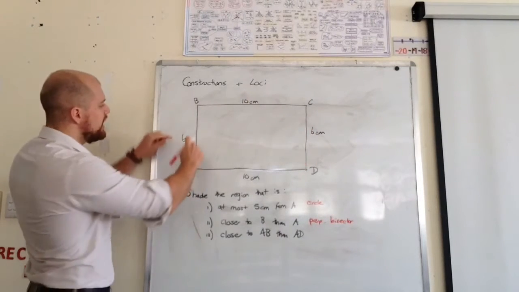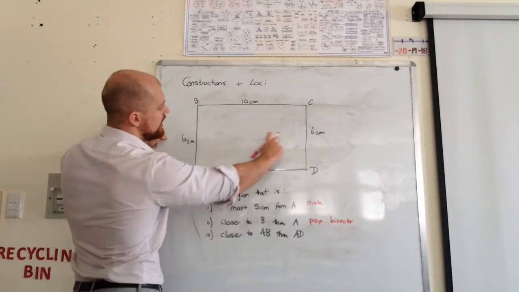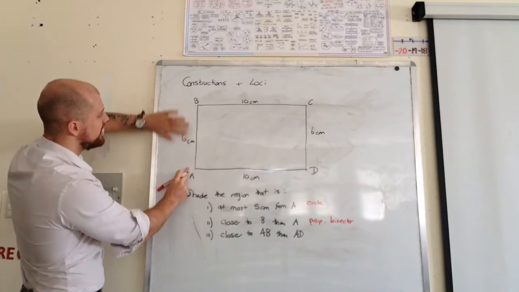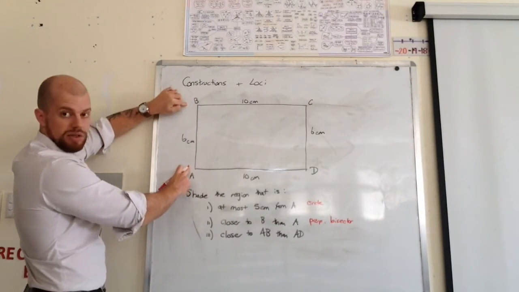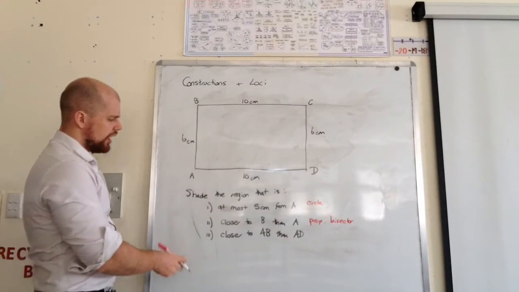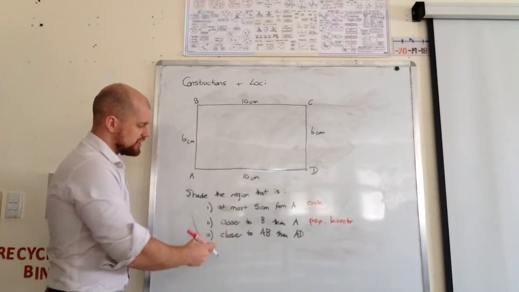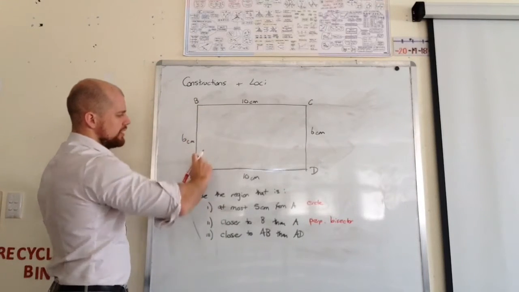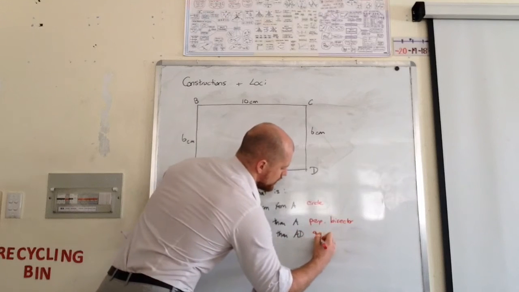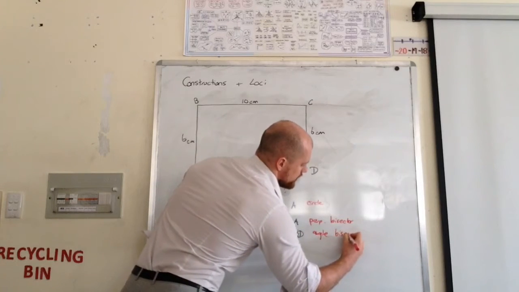That gives me the line that is directly in the middle between A and B, and therefore anything this side of it is closer to B than A. Finally, I need the line, or the point, that's closer to AB than AD. So this one will be an angle bisector.